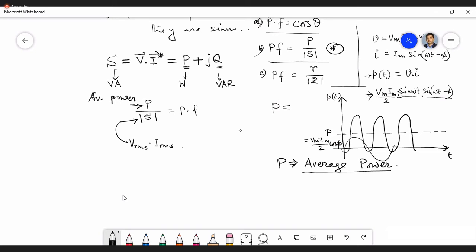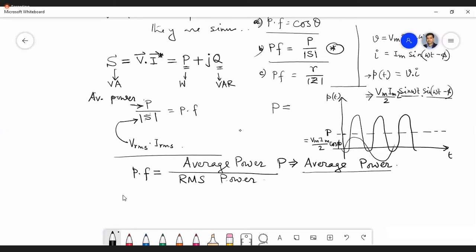So in general, the general definition of power factor is the average power by the total RMS power.